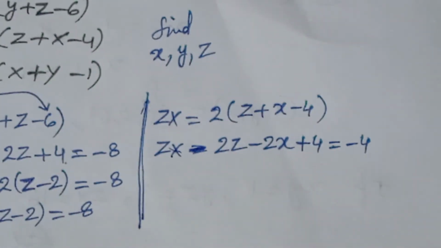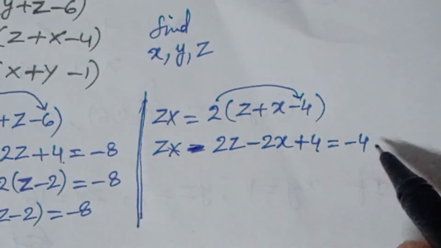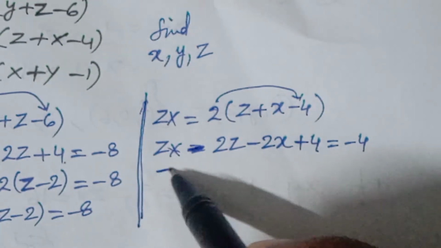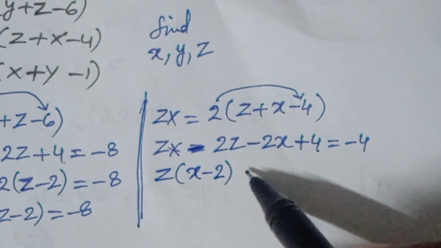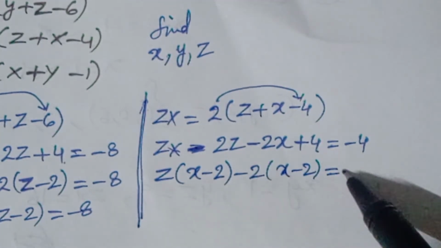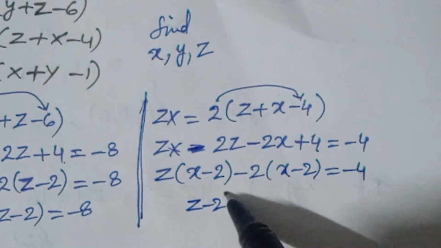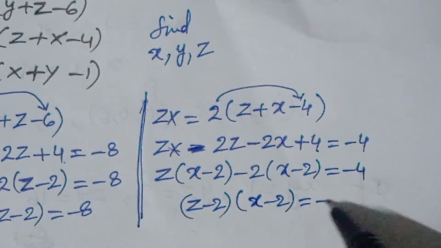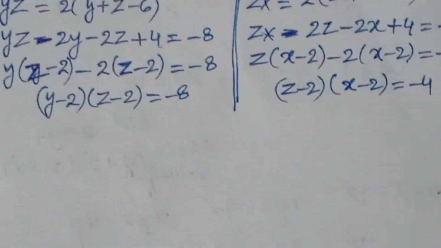In total we will get minus 8, so 2 into 4 is 8, plus 4 minus 4 you can write here. So you can take z common: z into (x minus 2) minus 2 into (x minus 2) is equal to minus 4. So you can write it as z minus 2 into x minus 2 is equal to minus 4. So this is the second one.